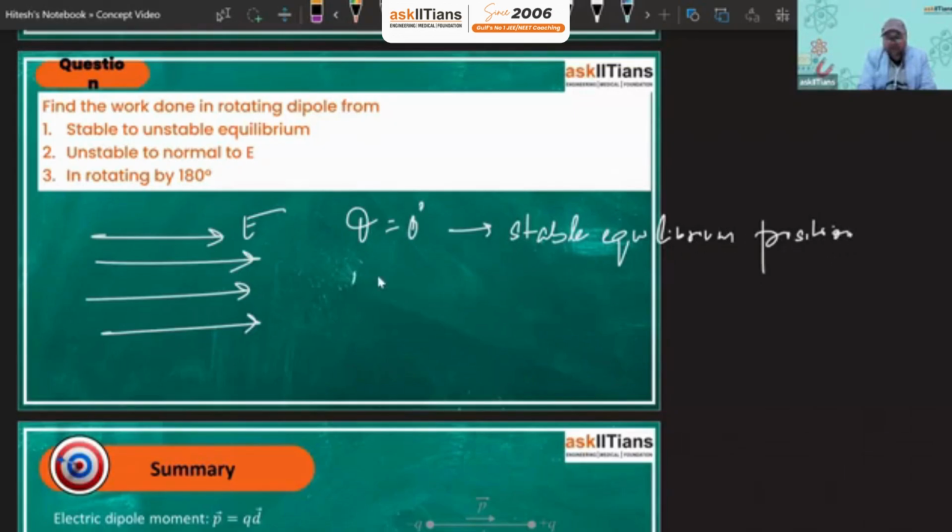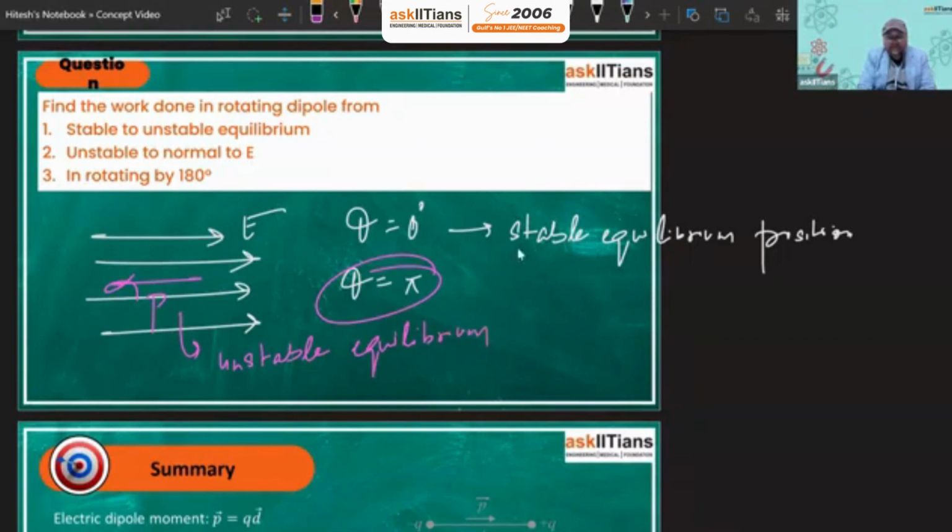But when we have theta equal to 180 degrees, pi, let's say it is kept like here. So the dipole is kept like this, P, and the angle with the electric field becomes pi. So this situation is unstable equilibrium.